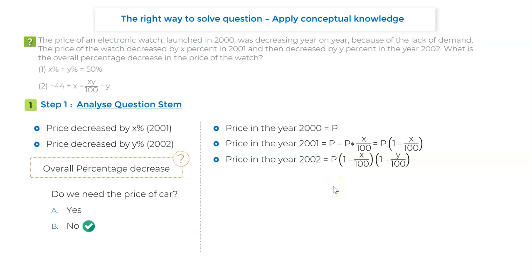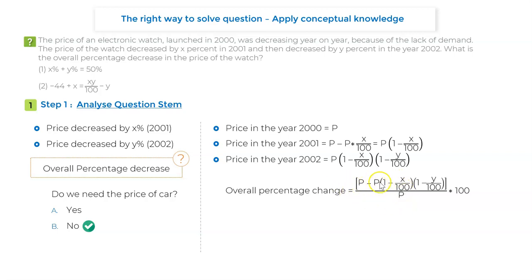Now, when you're finding the percentage change, and there's a decrease here, you take the initial value, subtract the final value and divide by P. So P minus the final value, divided by P, times 100. Even if you're not able to answer this, after looking at this expression, you should be able to understand that the P from the numerator and the denominator will get cancelled out.